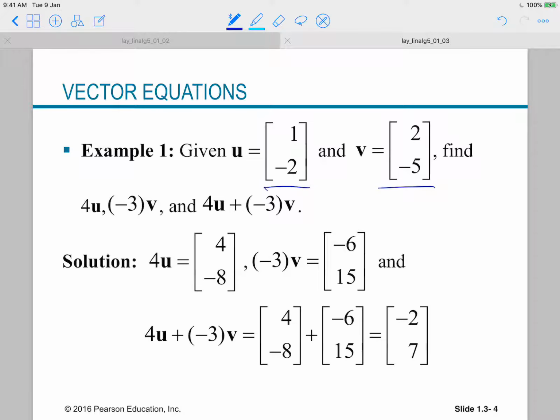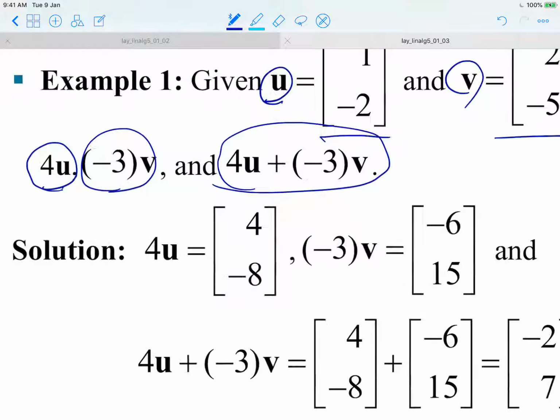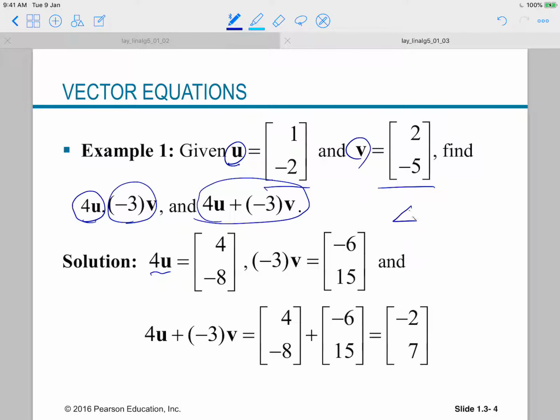We are given these two-dimensional vectors called u and v, and let's compute for u and v like this. In this case, for u it is 4 times 1 and -2. So scalar times a vector, right?